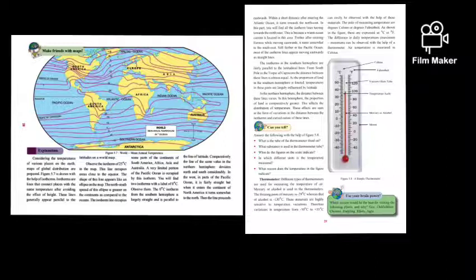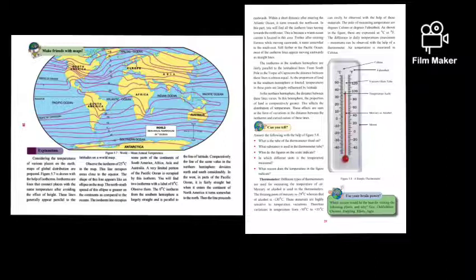Okay. So the isotherms in the southern hemisphere are fairly parallel to the latitudinal line. Just compare both the isotherms, children, in the northern hemisphere as well as in the southern hemisphere. See the difference. So isotherms in the southern hemisphere are parallel to the latitudinal line.